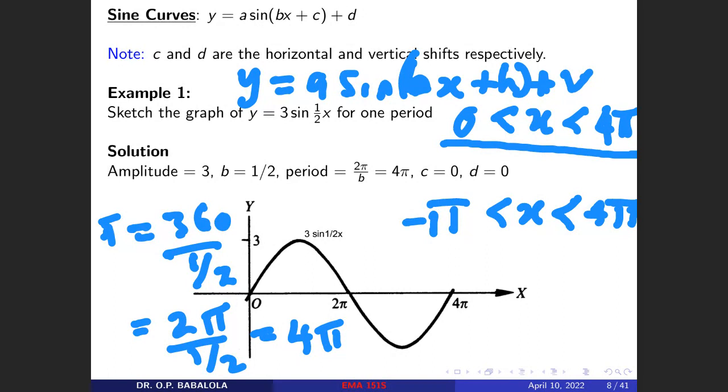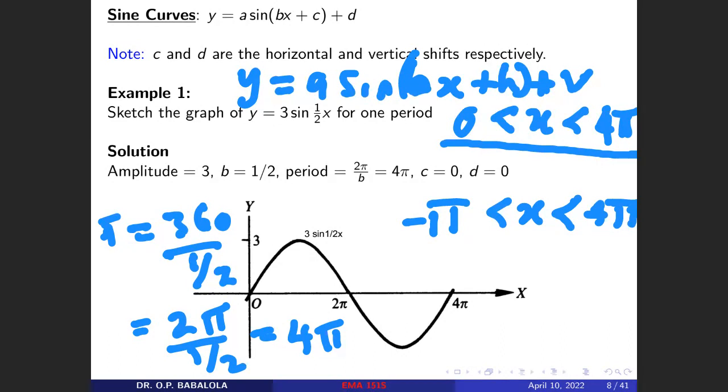X more than negative pi. Mr. Adam, please, can you unmute yourself and ask your question? Because I really don't get it. I wanted to ask, why negative pi instead of 0?